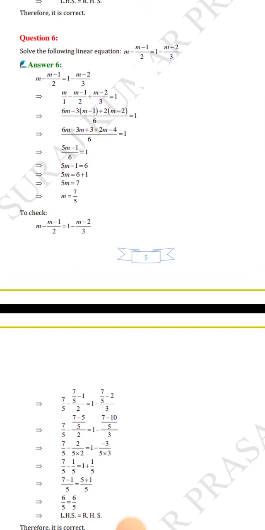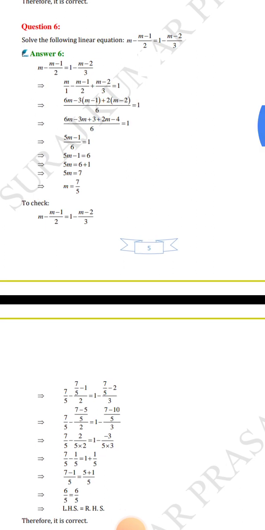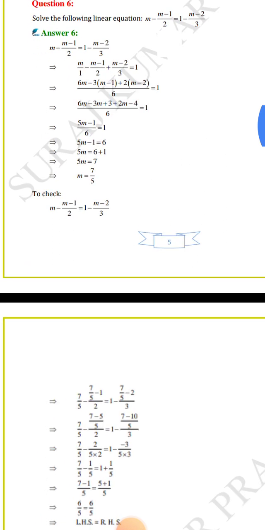Let's solve question number 6. Solve the following linear equation. (m minus 1)/2 equals 1 minus (m minus 2)/3. Then we can get m minus (m minus 1)/2 plus (m minus 2)/3 equals 1.